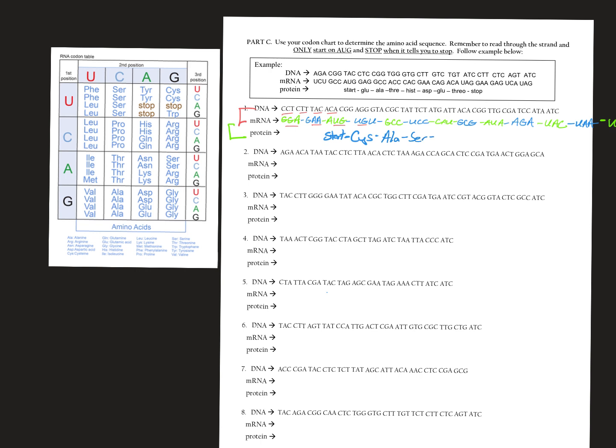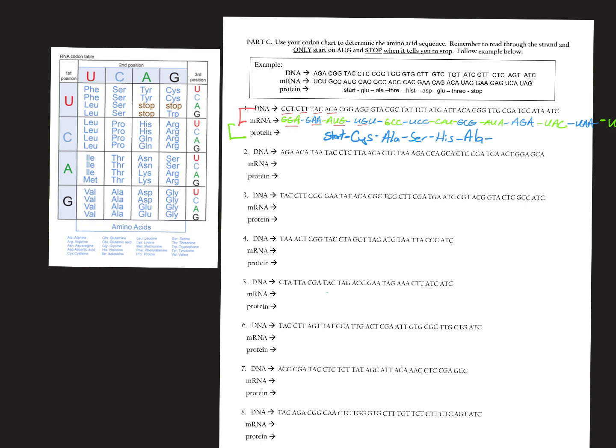And what's CAU? HIS. I have to continue. Histidine. GCG is what? Alanine. Do you guys not see it? GCG is alanine, right? ALA. You can just say ALA.